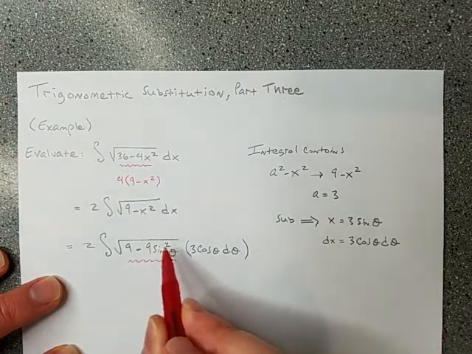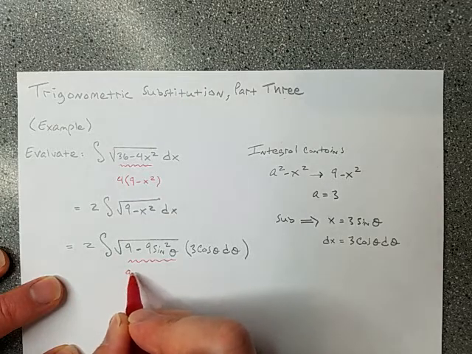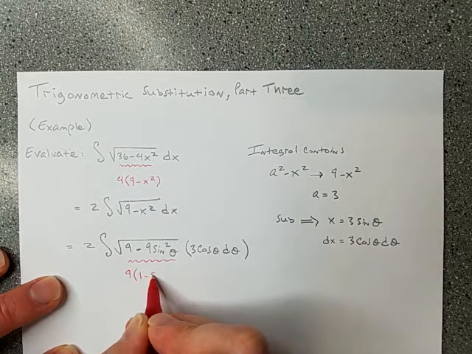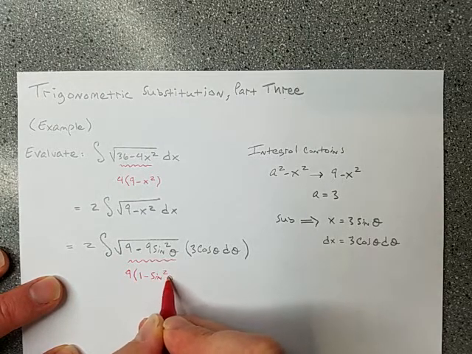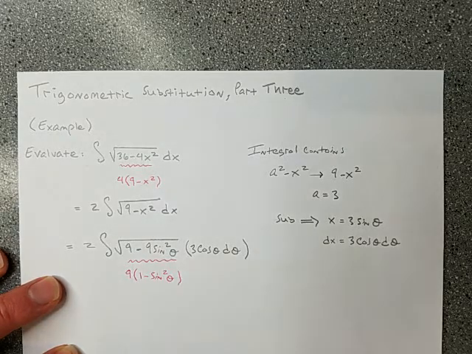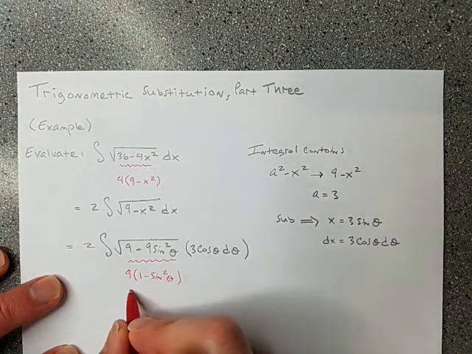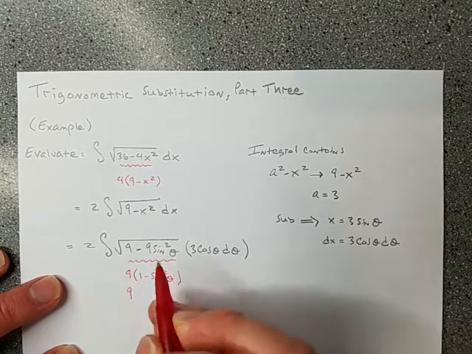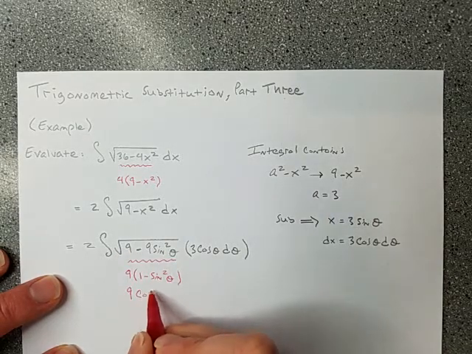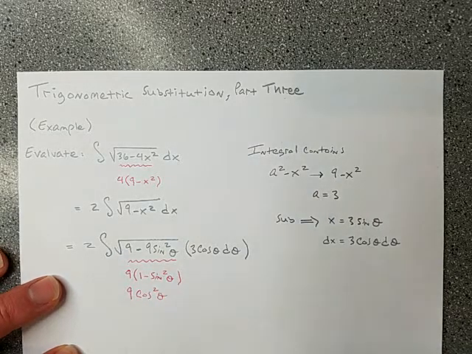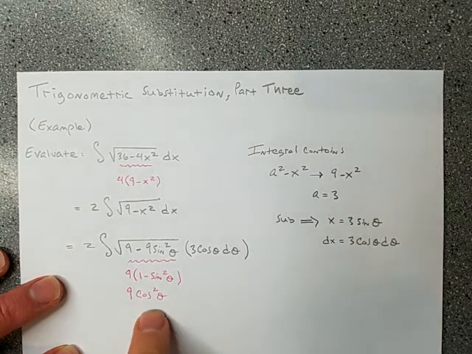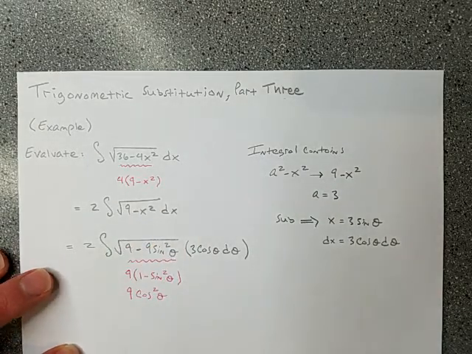Under the root right here, if I factor out 9, I'm going to have 9 times 1 minus sine squared. And then I can use an identity to reduce further. 1 minus sine squared is cosine squared. So I have, under this root, 9 times cosine squared theta. That is what's sitting under that root right there.